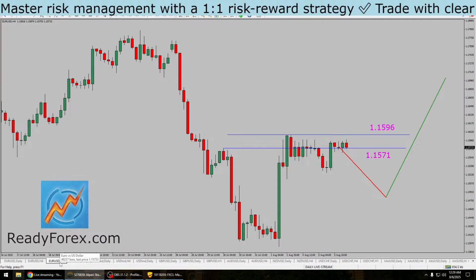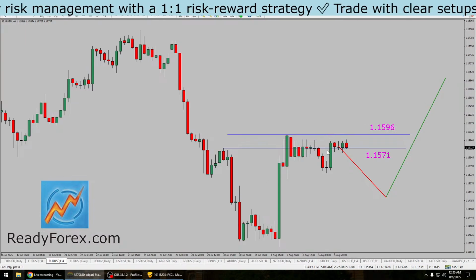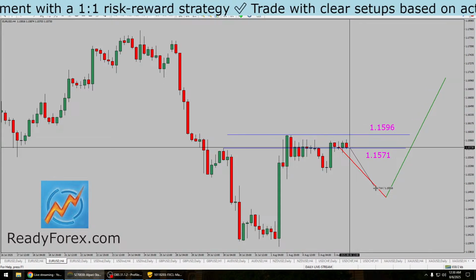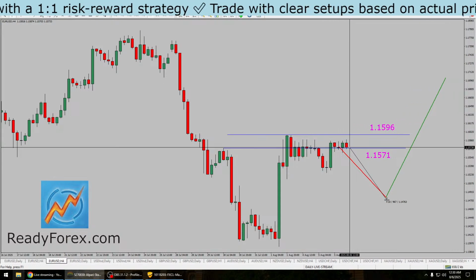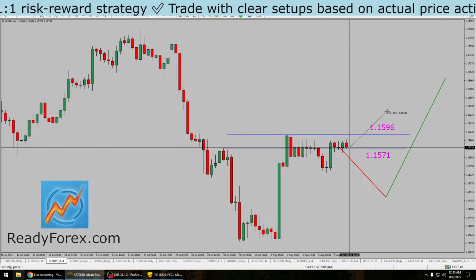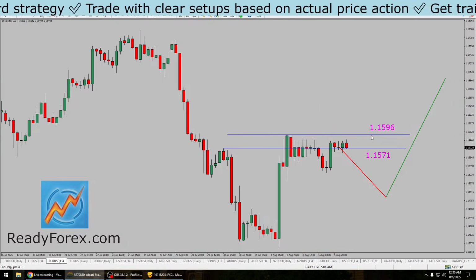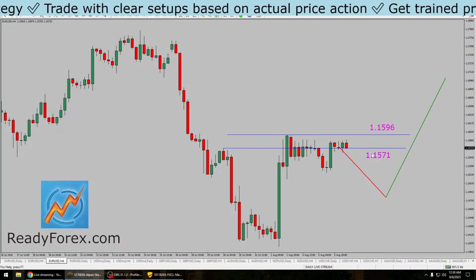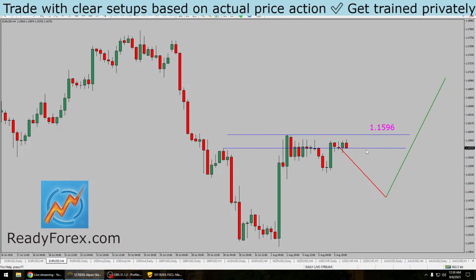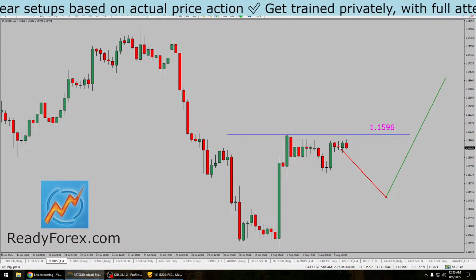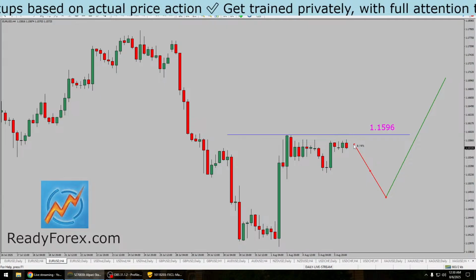Next, let us take a look at the 4-hour time frame. I was kind of expecting the euro dollar currency pair to drop first and then rise back up. So as long as price action is staying below the 1.1596 area, the way I see it, the market is probably going to remain sideways.